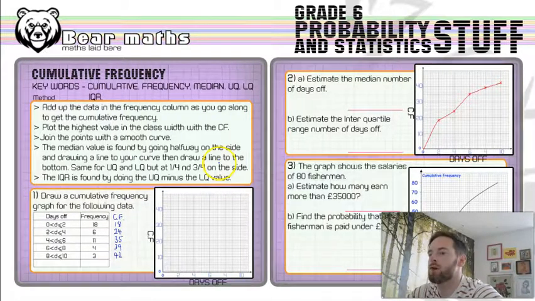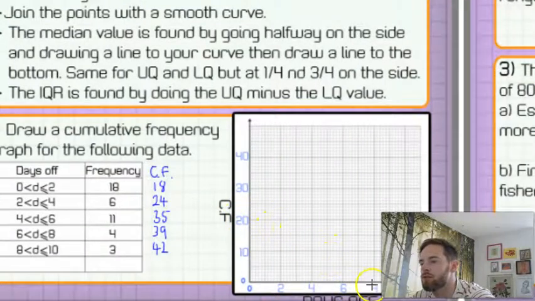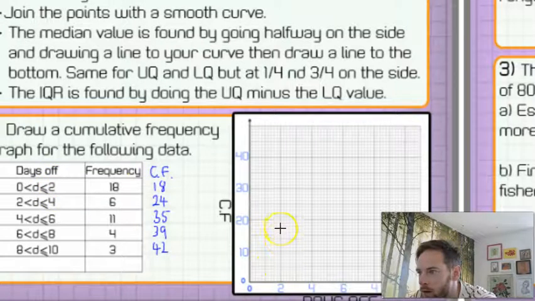Okay, so I'm going to zoom in to the graph so you can see more accurately what is going on, and I'm going to plot some points. Now I can see that the top end of the first class width is 2. I'm going to plot that at 18 on the cumulative frequency scale, so that goes around there.